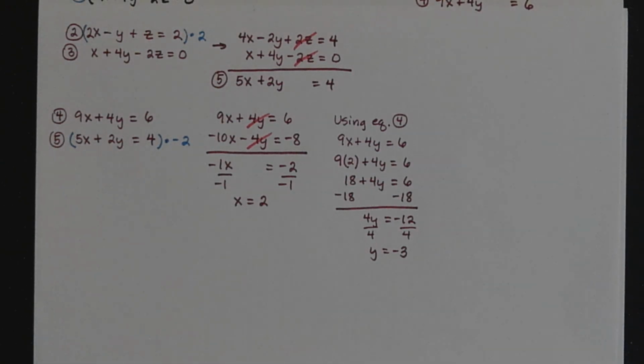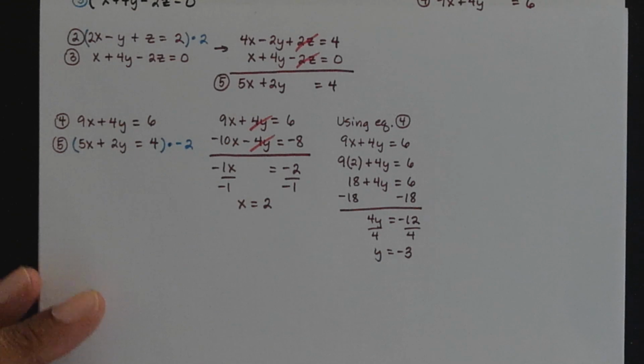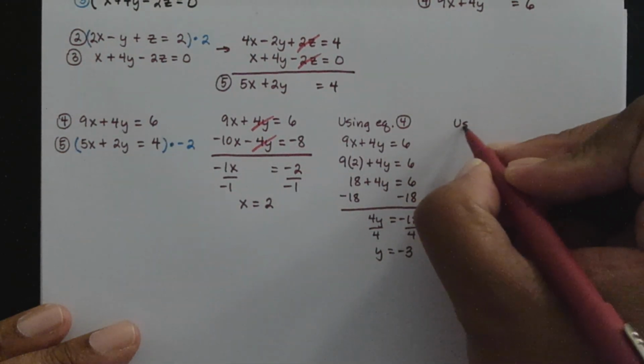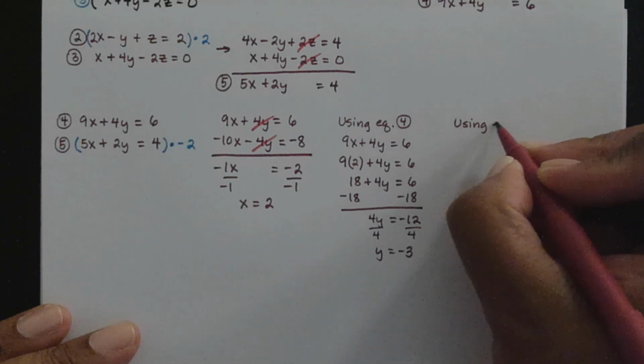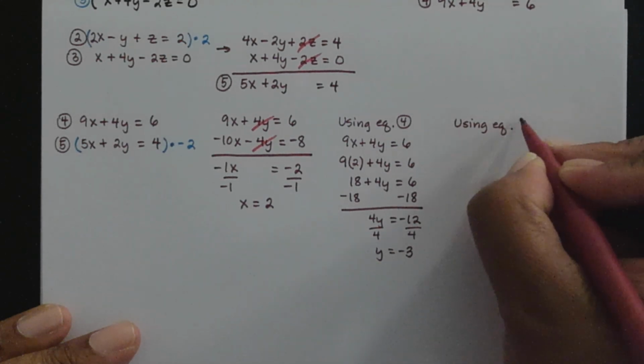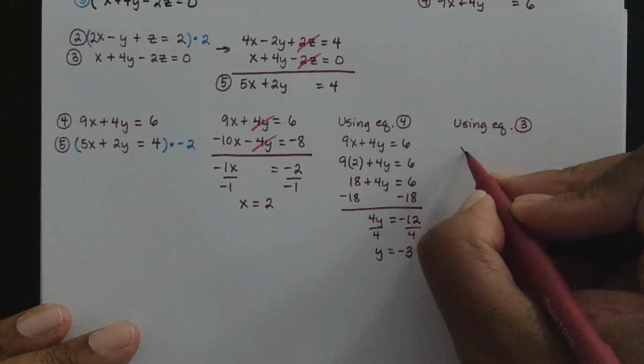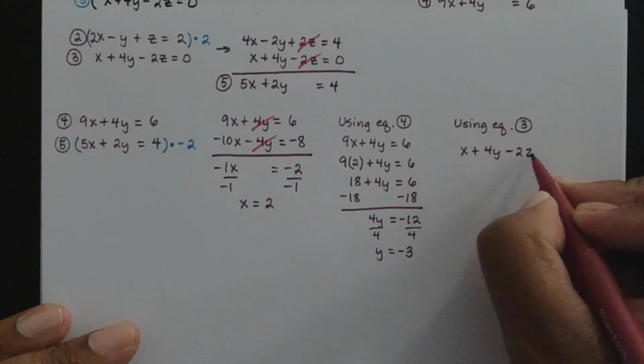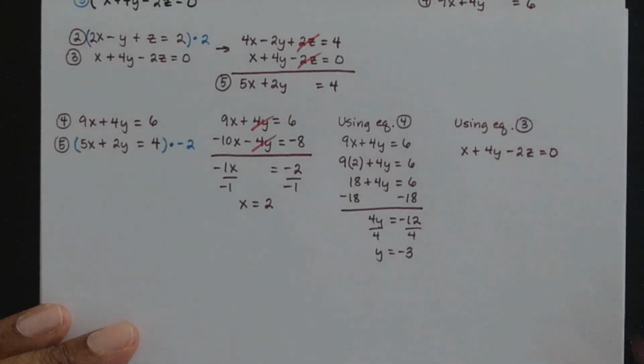So now I know what x is, I know what y is, now I need to find out what z is. I could use one of the 3 original equations that I started off with and substitute the x with 2 and the y with negative 3. Now, here I'm going to use equation 3: x plus 4y minus 2z equal to 0.